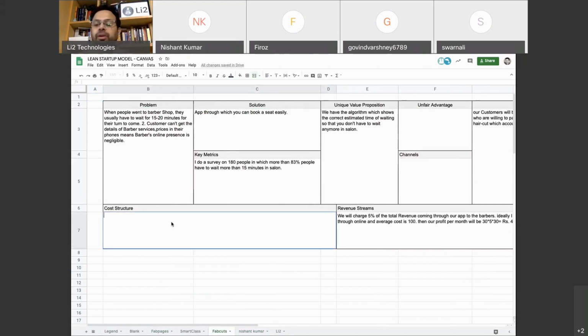So I want you to identify that. I'm not sure if the participant is there today, but we can identify that cost structure here. And then what the unfair advantage is, is something that we need to see very clearly and get out. Only then are you going to have a business case here. Like if at all people want an app, if at all the barber or the salon is willing to share their revenue with me, these are the validations I'm looking at.